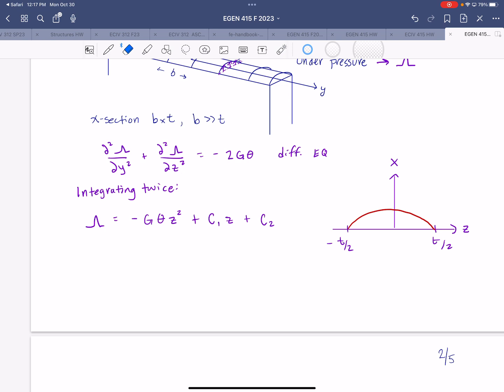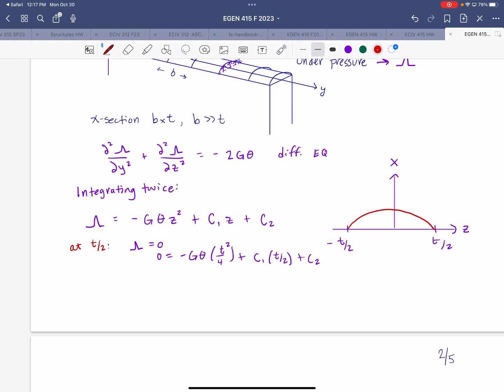So if we plug in positive t over 2 for z, we know lambda is equal to 0 at that outer edge. So that's part of our definition from before. So we would say 0 is equal to negative G theta times t squared over 4 plus c1 times t over 2 plus c2.